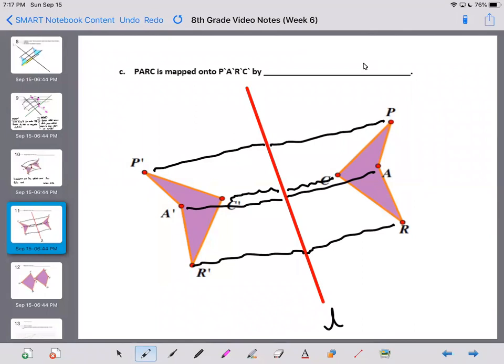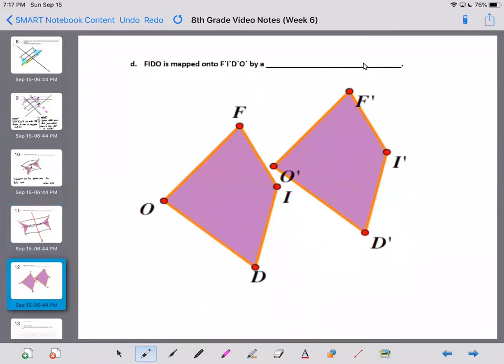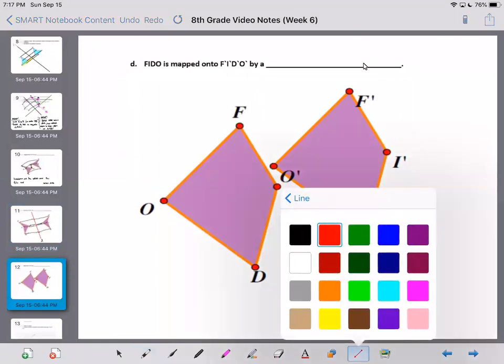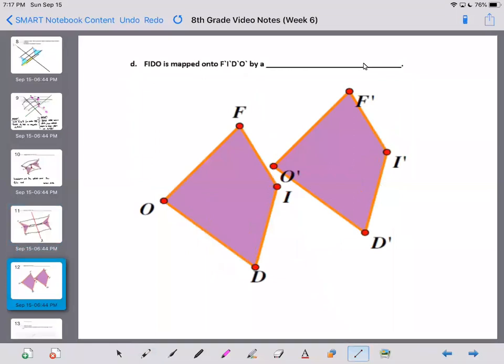Here we've got another example where notice it's FOID, this quadrilateral, needs to become this quadrilateral. So in order to do that, we would want to slide that and make a translation along certain vectors.